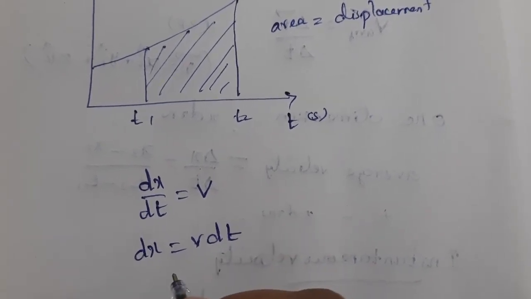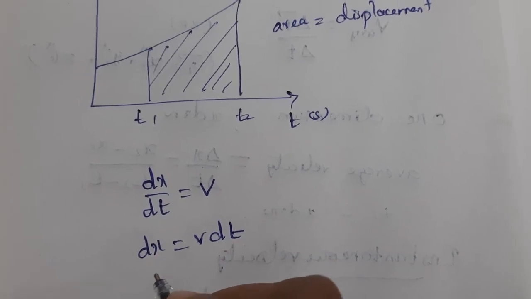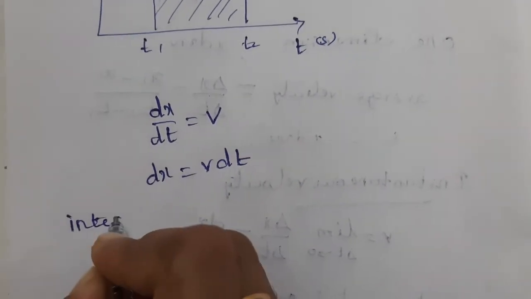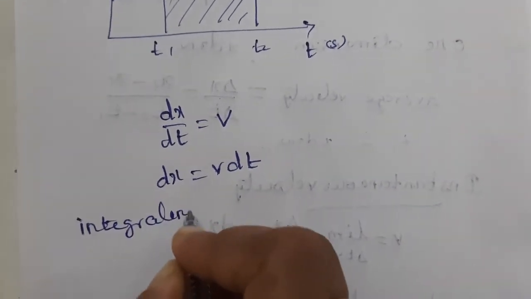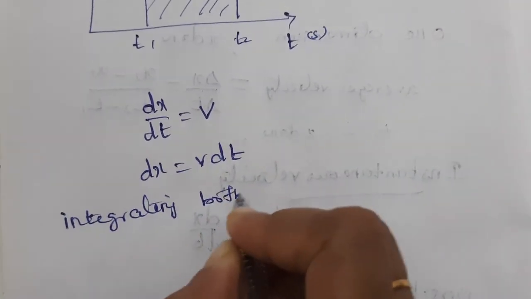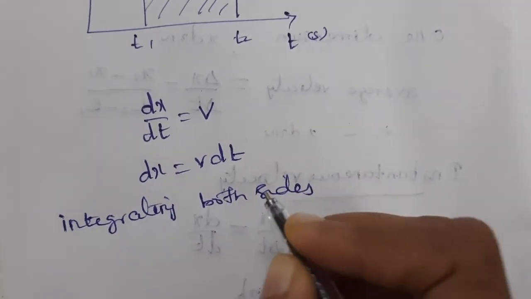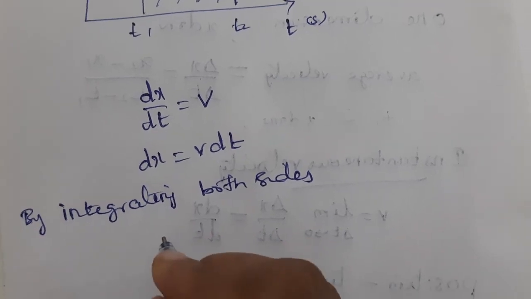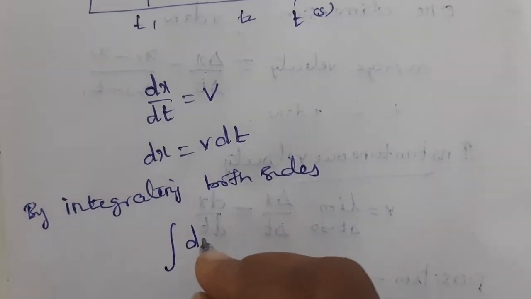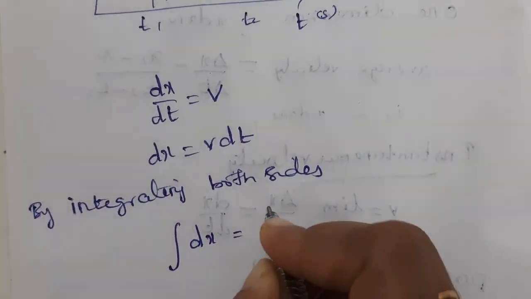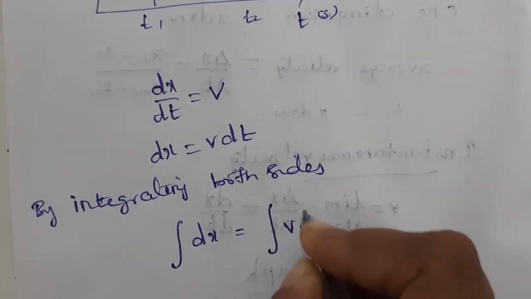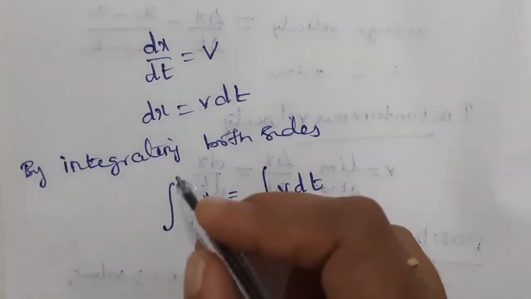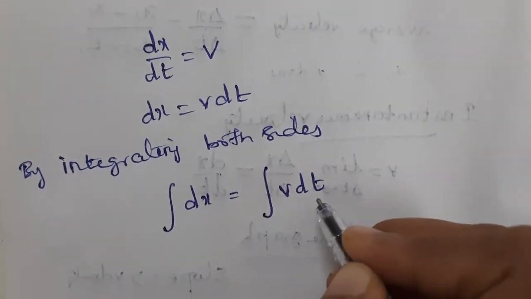Now by integrating both the sides, we can write integral dx is equal to integral v dt.